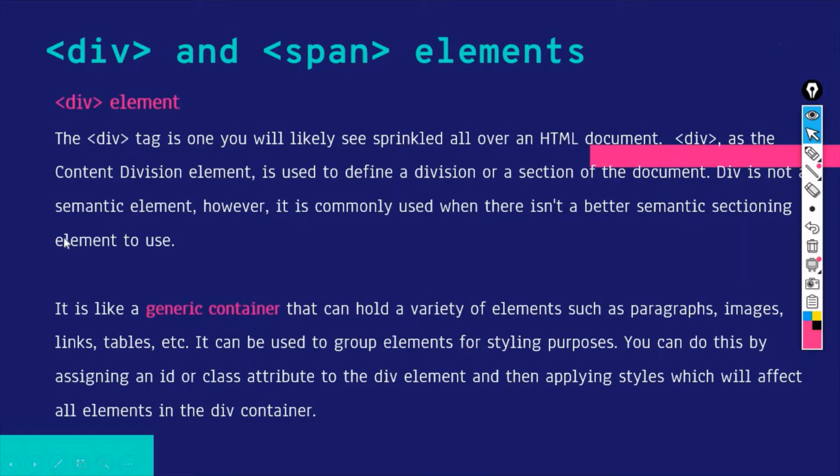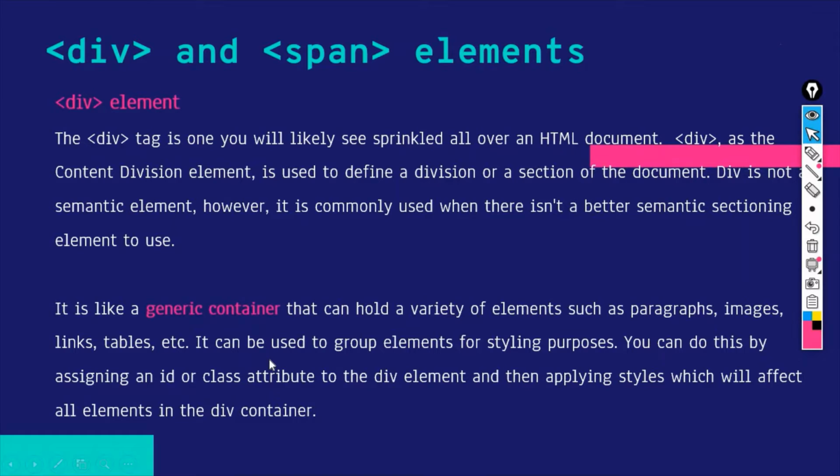So div is not a semantic element. However, it is commonly used when there isn't a better semantic sectioning element to use. It's like a generic container that can hold a variety of elements such as paragraphs, images, links, tables.